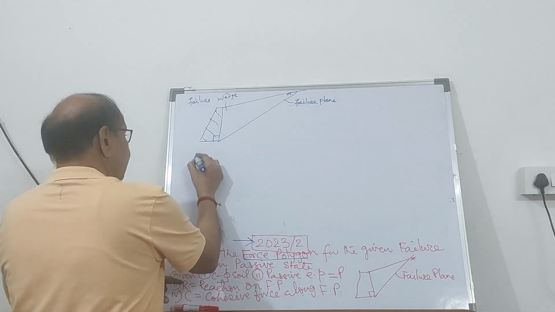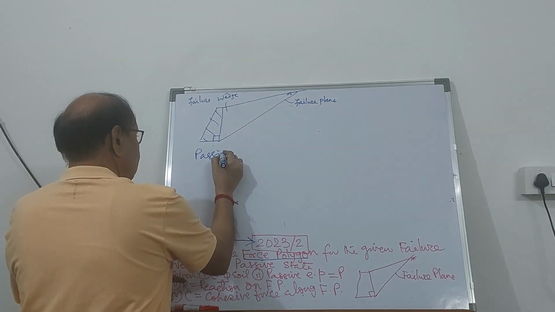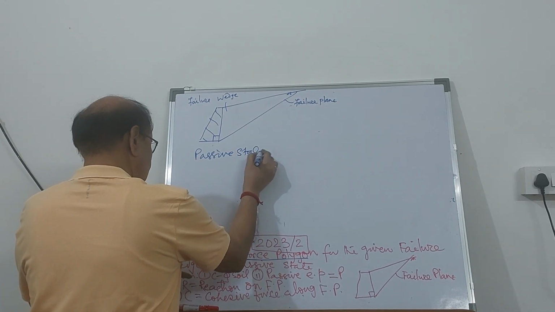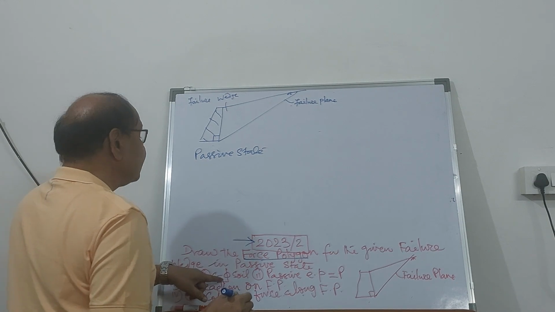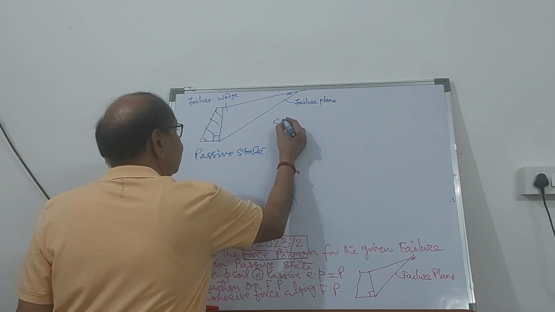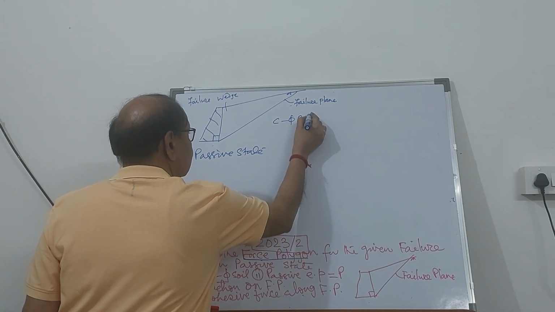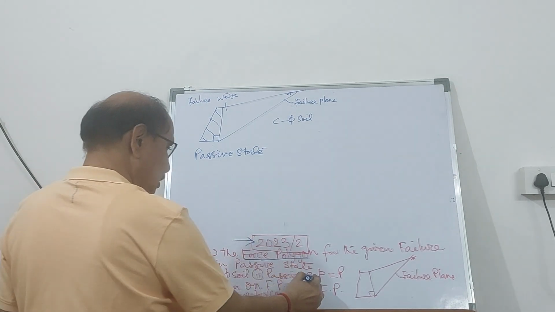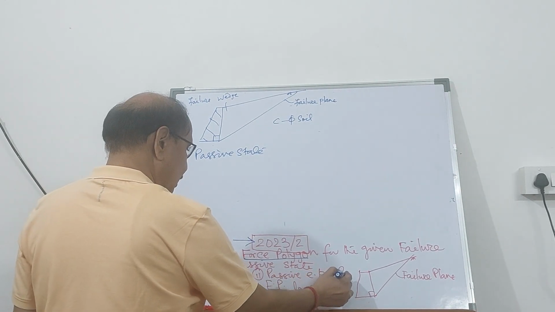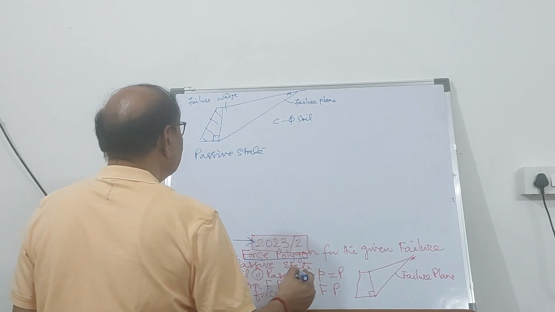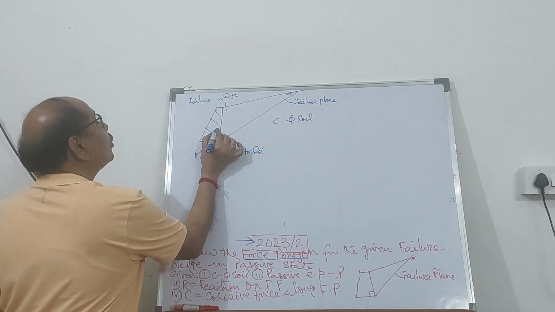This is in passive state. The first is that it is c-phi soil. So this soil is c-phi soil. The second is that passive earth pressure is given to you as P. Now here, draw a normal.